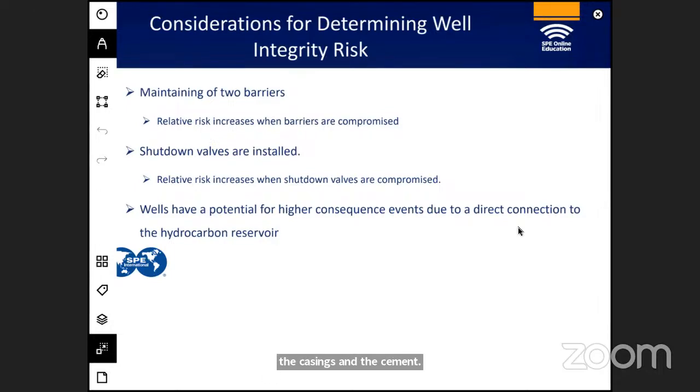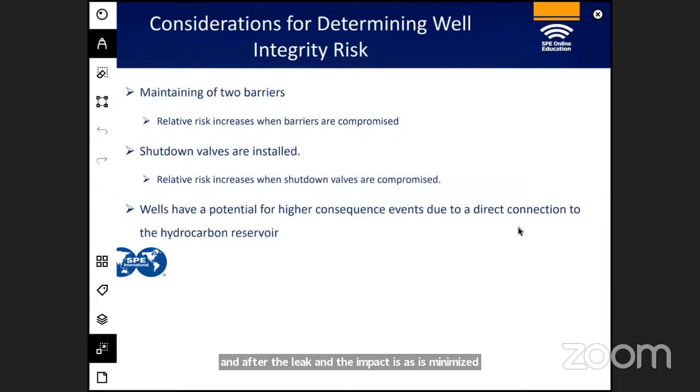Compare it with any surface facilities which are being operated, where they are doing a risk assessment. Suppose after the well, there are pipelines and pumps and tanks. Suppose there is a leak in the pipeline, they can just shut down the valve before the leak and after the leak, and the impact is minimized to the portion of the exposed pipe.